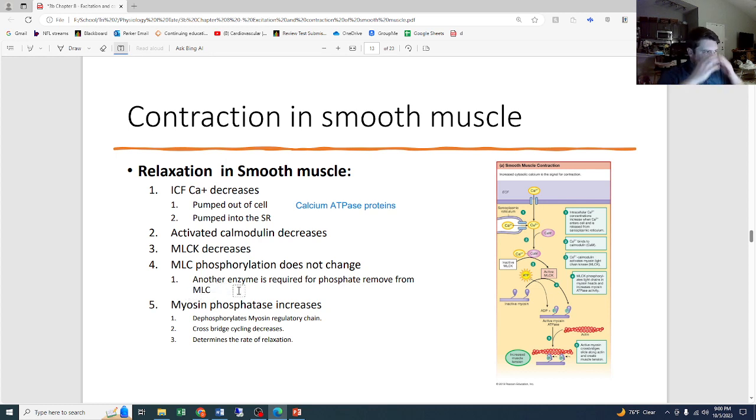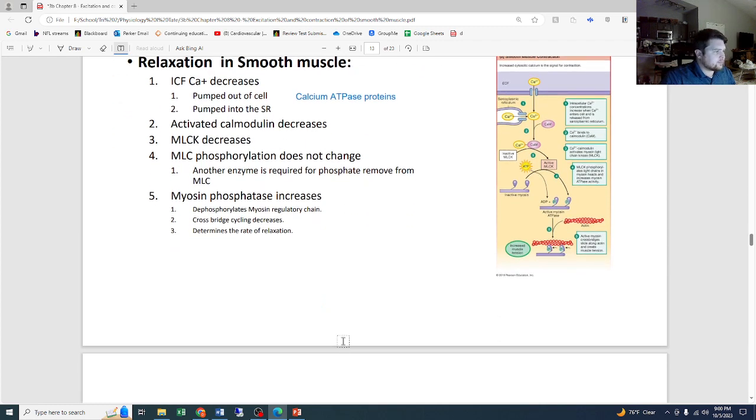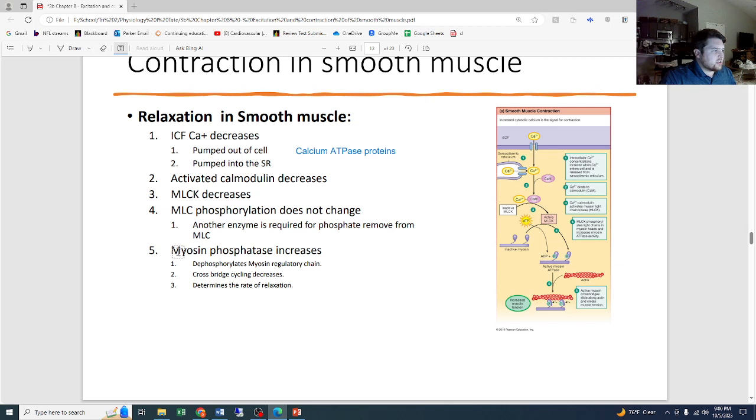Remember, this is also one of the reasons why we can maintain this contraction for a long period of time, because there's a secondary process required in order for the myosin to detach. So we have this thing called the myosin phosphatase. The myosin phosphatase is going to increase. This is the other enzyme that is going to dephosphorylate the myosin chains.